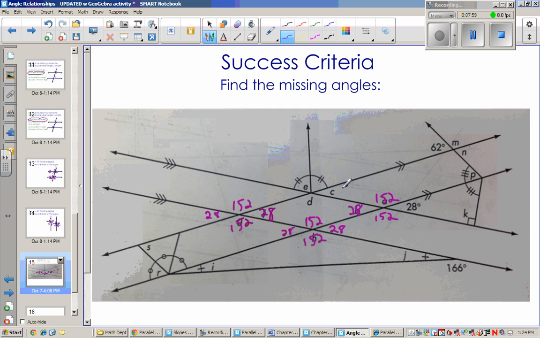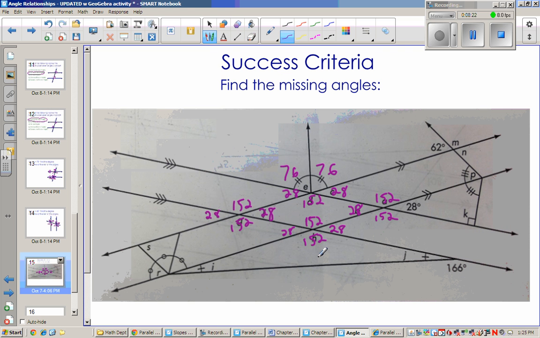Now we can fill in these angles kind of. This one's 28, this one's 28, this one's 152. But now this big one is cut in half, so we have to take 152 divided by 2. So each one is going to be 76. All right, so we got all of these based off of this angle being 28.